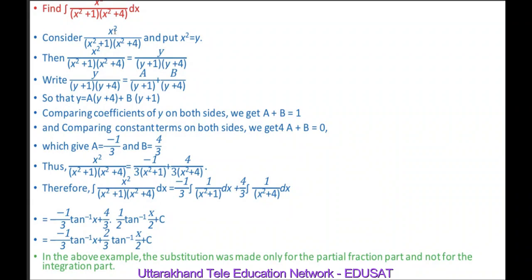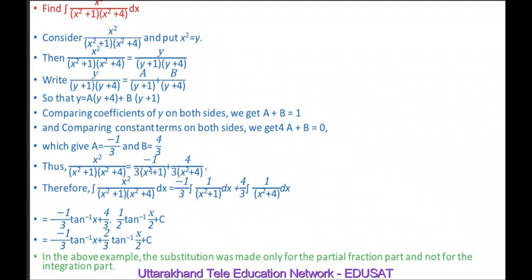So we can write the given rational function x square upon (x square plus 1)(x square plus 4) as a, which is minus 1 upon 3, into 1 upon (x square plus 1), plus b, which is 4 upon 3, into 1 upon (x square plus 4). I have substituted the value of y because y is nothing but x square.